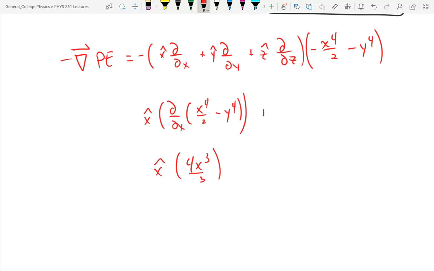And then I'm going to have plus y hat ∂/∂y of, and now the partial with respect to y of x to the fourth over 2 is 0.